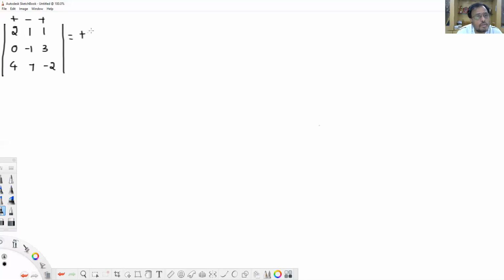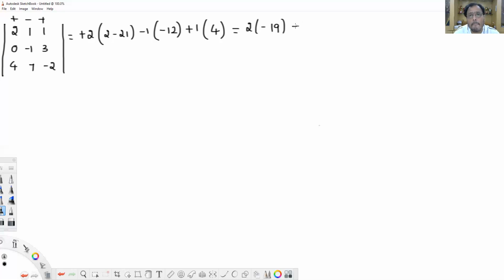That is plus 2 into (2 minus 21), minus 1 into (0 minus 12), plus 1 into (0 plus 4). So this will become 2 into minus 19, plus 12, plus 4.